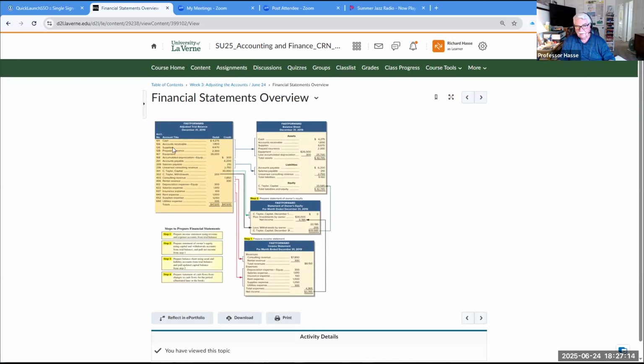And then what accounts end up in the balance sheet, in the income statement, and in the statement of retained earnings or equity. It shows you which accounts go where, which is a nice handy little cheat sheet of understanding how the financials are put together from the adjusted trial balance. This is a great overview. This is taken right out of your textbook, so you have that material as well.